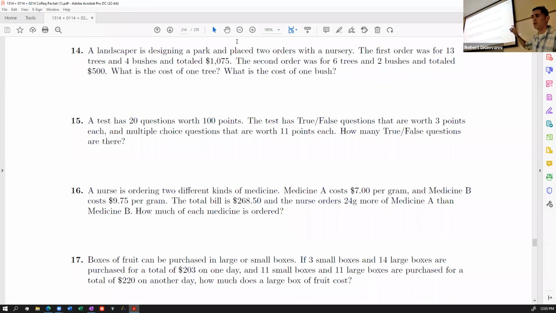You can come up and take a picture, but remember, I will send these out to y'all later. If you want, just take a picture now, and that will be due not on Thursday. Let's make this due on the day of the test, which is Tuesday the 26th.